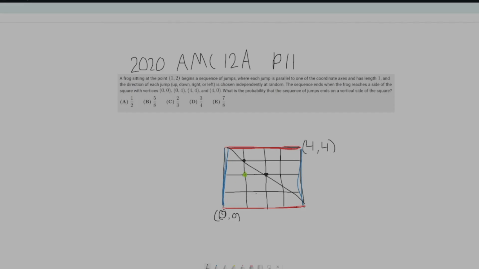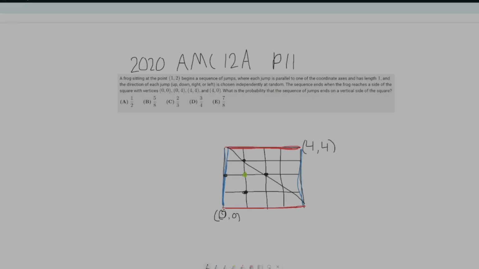And this is symmetrical to this one. So the probability of getting to the blue side from these 3 points is 1/2. And then for this side, obviously once you already get here, you won, right?